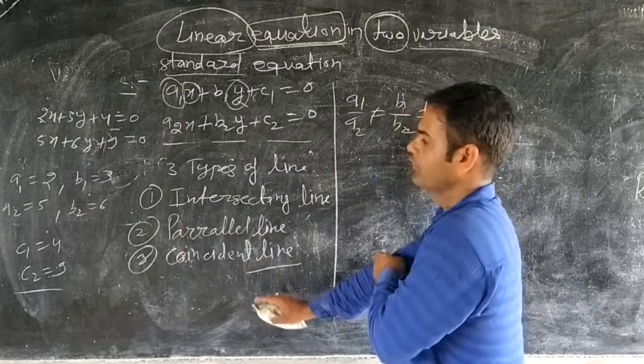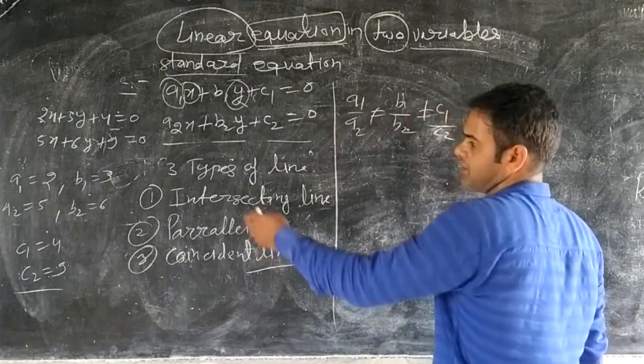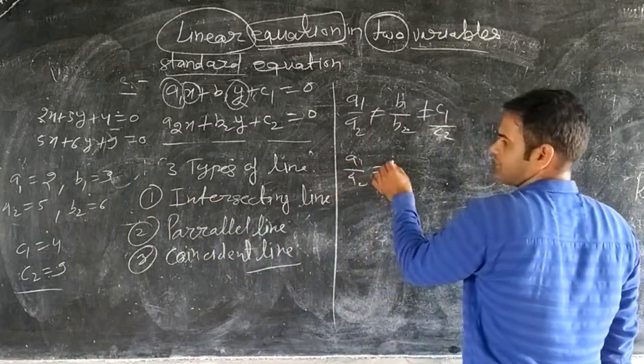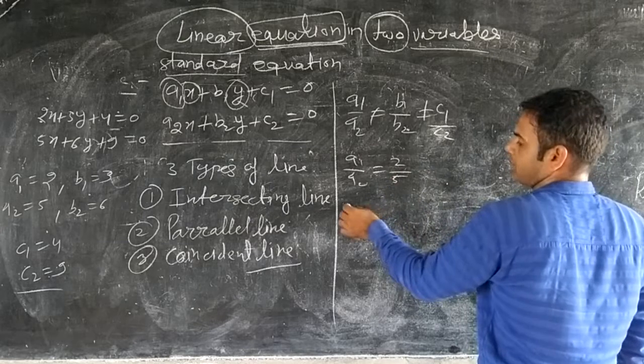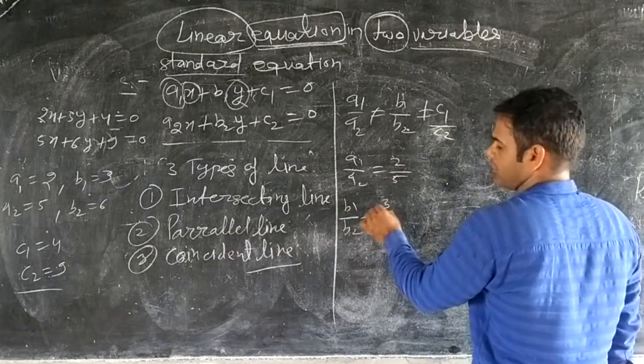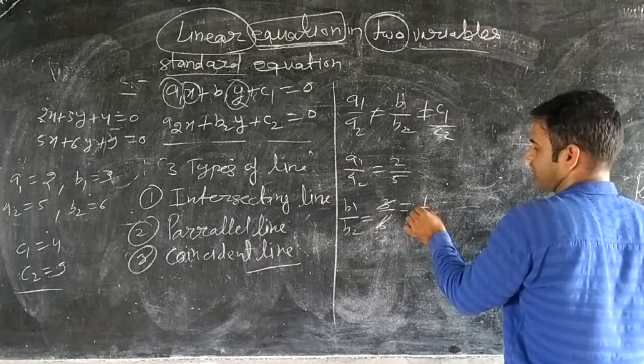Now the ratios. a1 upon a2 is equal to 2 upon 5. b1 upon b2 is equal to 3 upon 6, which divided by 3 is 1 upon 2.